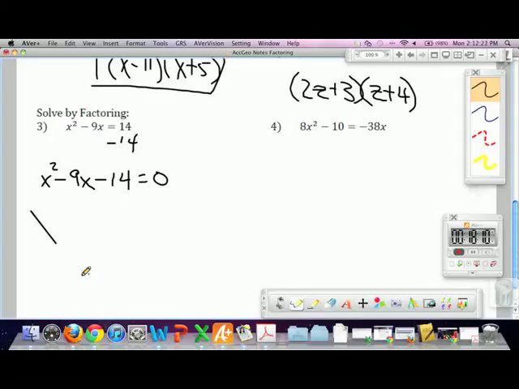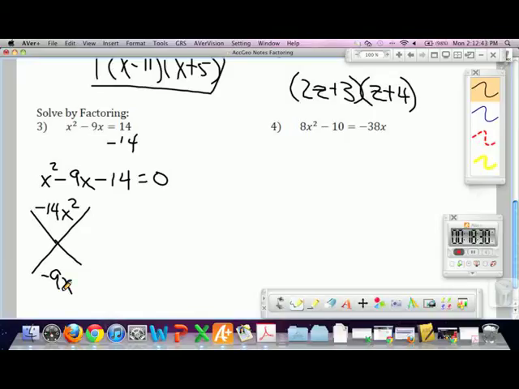We'll multiply the two ends here. Negative 14x squared, negative 9x. And let's say to ourselves, what numbers multiply to negative 14x squared but add up to negative 9? And I don't think there are.